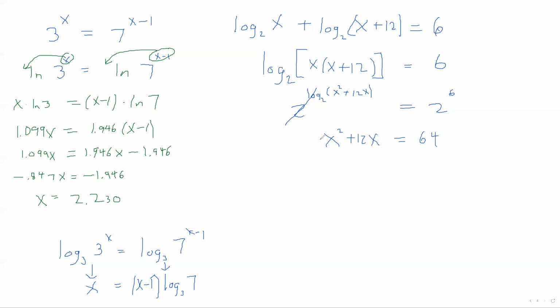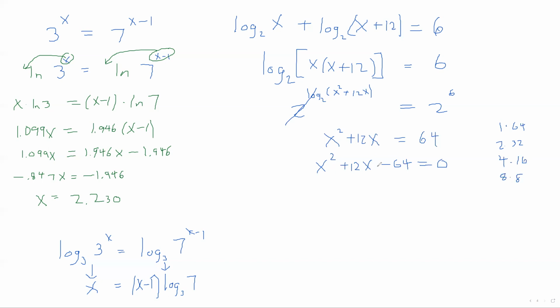We're not going to factor x times x plus 12. That just gets us back where we came from, but we are going to set everything equal to 0. And then we're going to factor if we can and use the quadratic formula if we can't. So let's see, factors of 64. We got 1 times 64, we got 2 times 32, we got 4 times 16, and we've got 8 times 8.